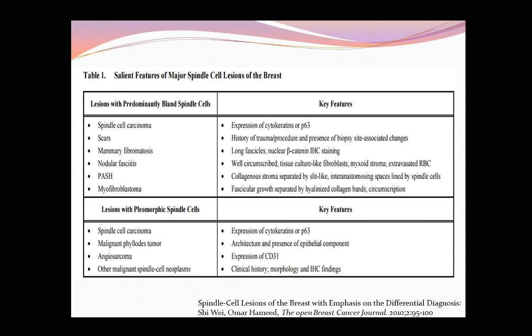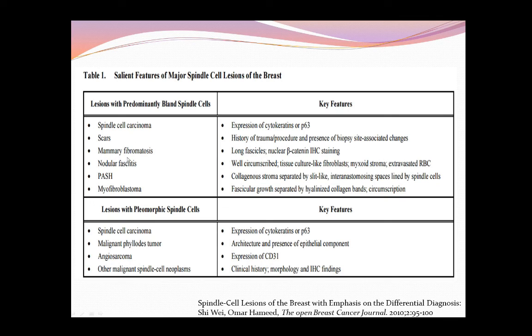So, some salient features of major spindle cell lesions of the breast. The first, those with bland spindle cell morphology, is a spindle cell carcinoma, which is a low-grade fibromatosis type, with expression of cytokeratins and P63. Scars, you have a history of trauma, procedure, and other changes associated with the biopsy site.